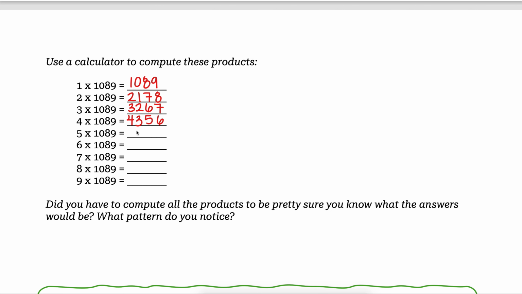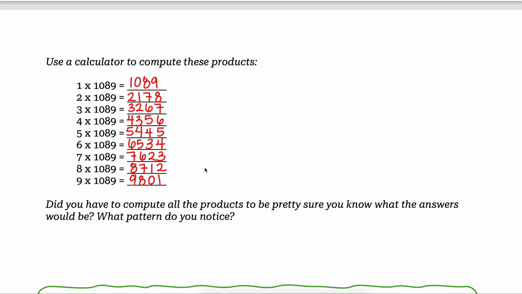When you multiply by 5, you get 5445. Times 6, it's 6534. Multiplying by 7, it's 7623. Times 8, 8712. And finally, when you multiply by 9, you get 9801.